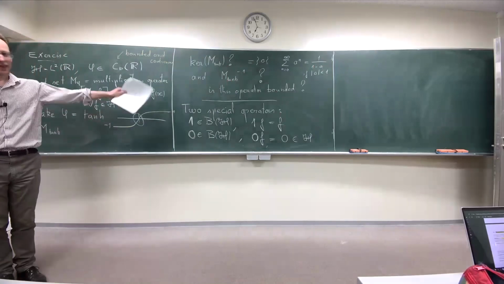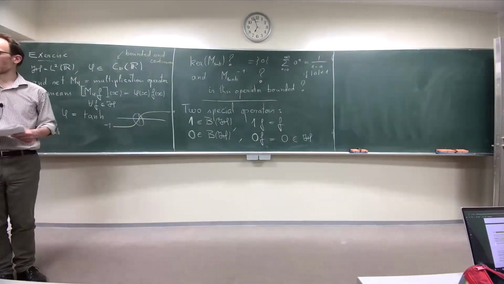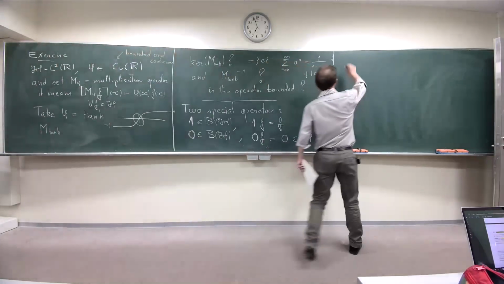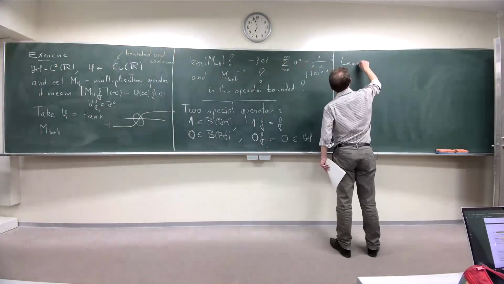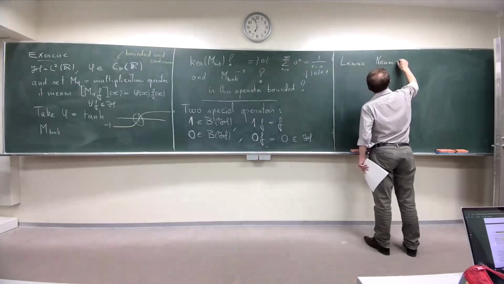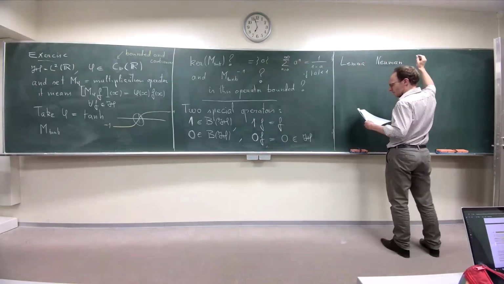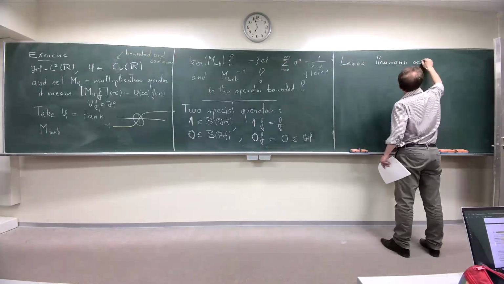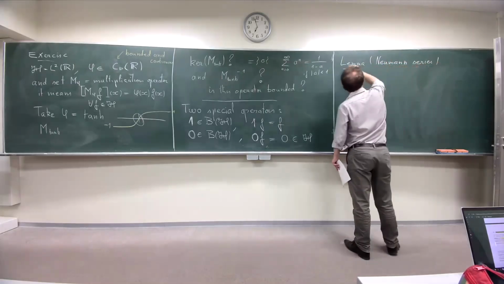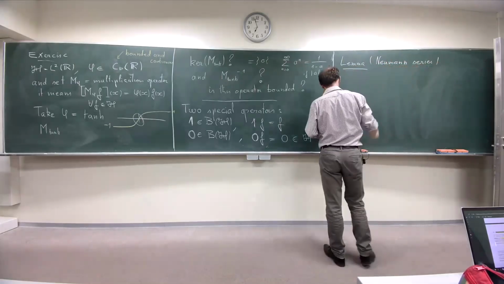So there is something similar, or quite similar, for operators, which is very useful. It's called the Neumann series. Let me state it. If somebody wants to prove this lemma, it's possible.